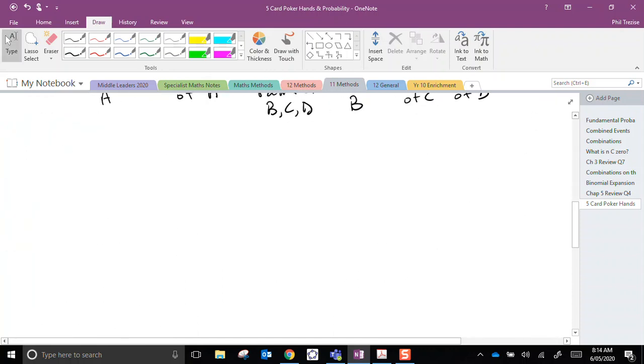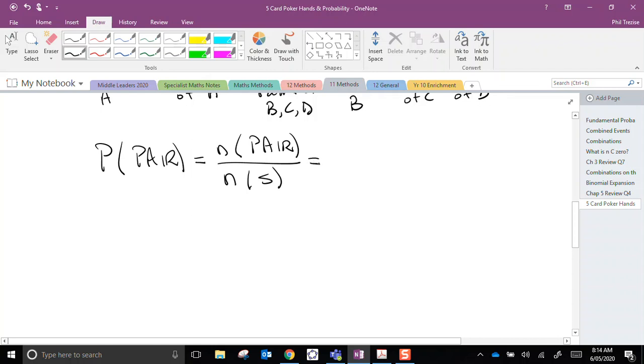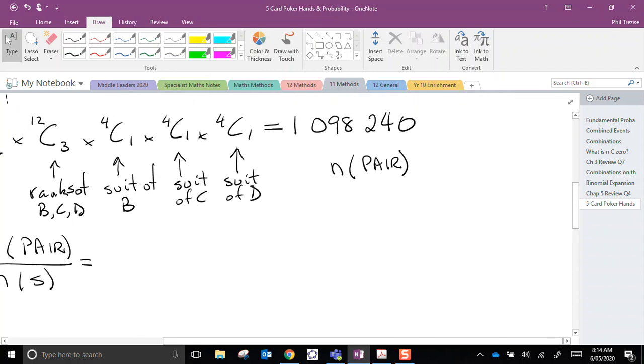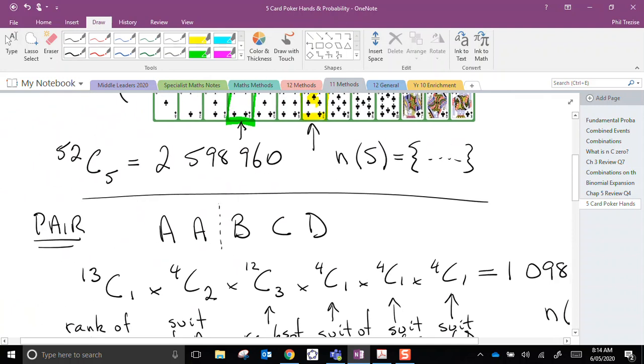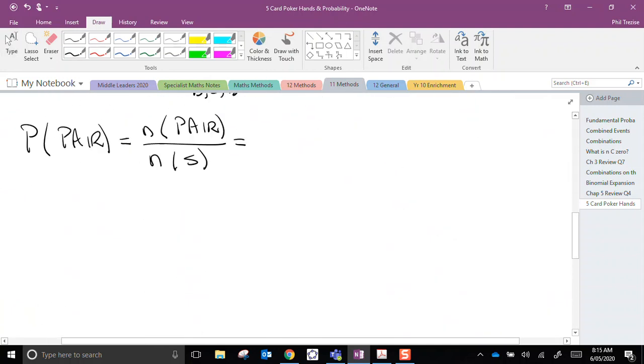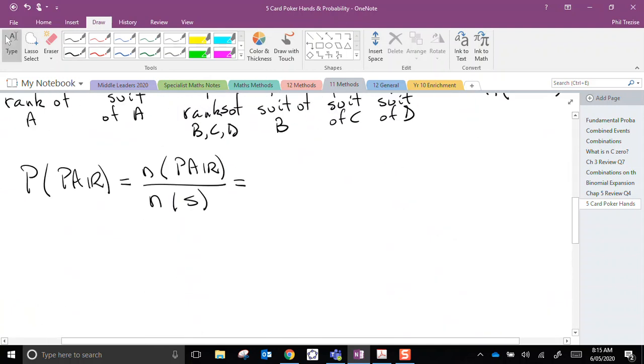So if I want the probability of getting a single pair when playing poker, we know the rule: number of ways that I can get my favourable outcome divided by the total number in the sample space. And when you put the 1 million and you divide that by the 2.5 million, you find that this comes to a bit over 42%.